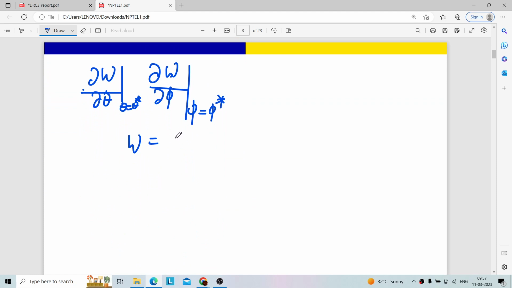Okay, so this w is I phi theta u minus h2. This is a function of theta and phi, right?